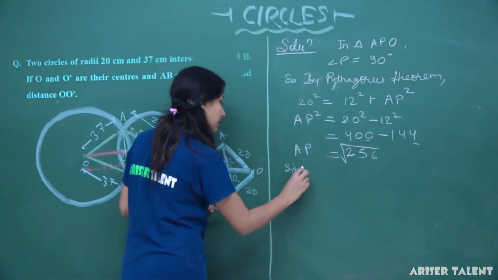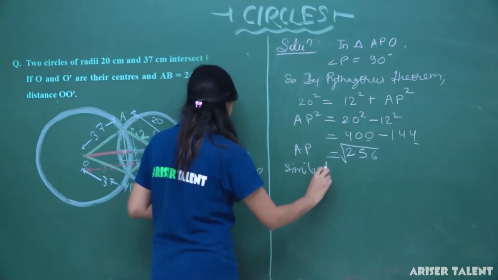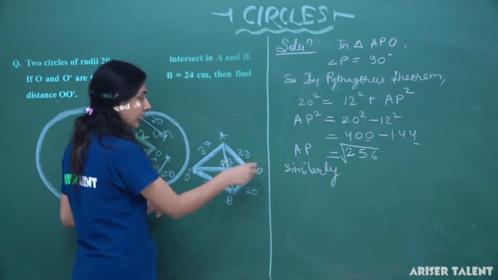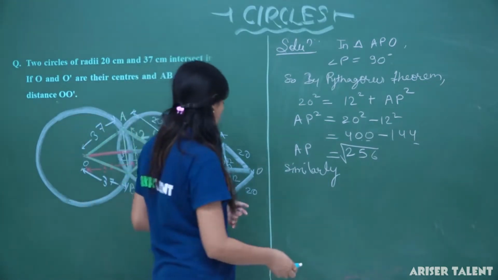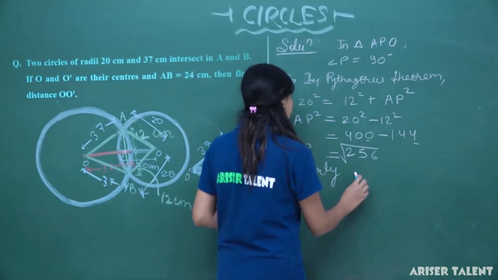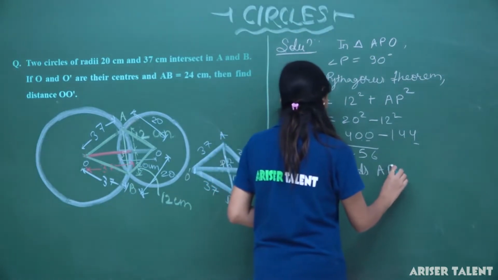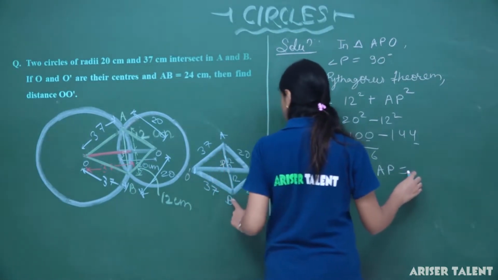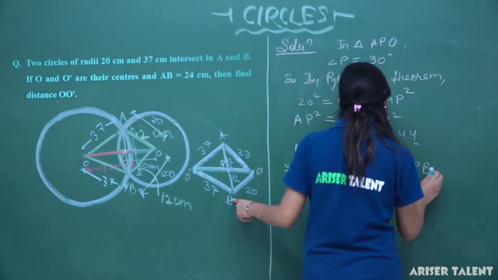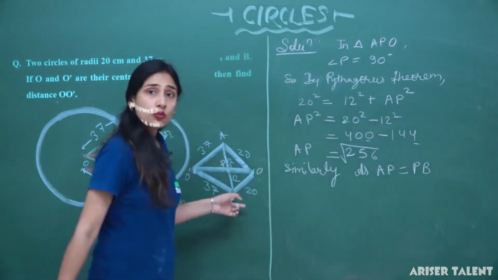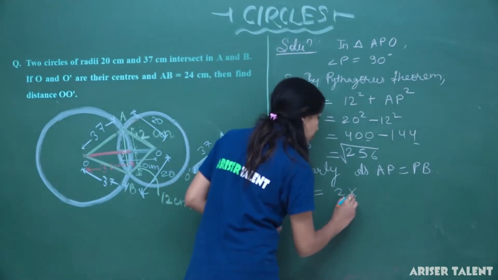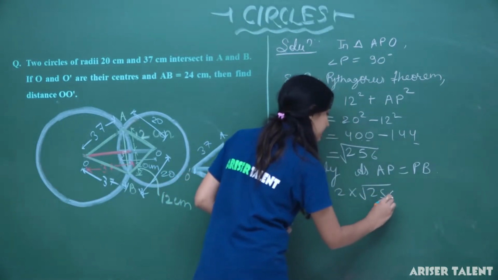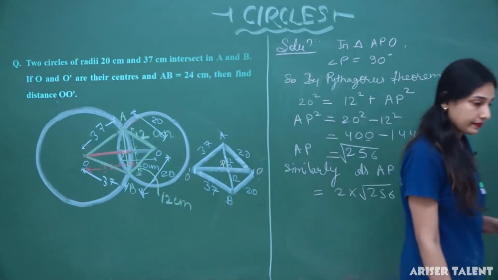Similarly, because they are congruent triangles, they are the same. This is 20, this is 12 and this is something we have to find. So similarly, AP equals to what? AP equals to PB. So if AP equals PB, then I am having this equal to 2 root 256, right students?